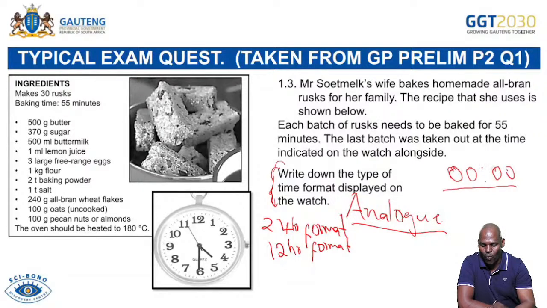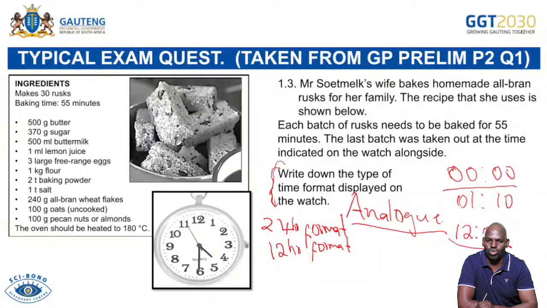Then we're going to have 1 minute past midnight, then past 1, then 10 past 2, 2 o'clock, and so on, up until midday. When you get to midday, it's going to show 12 o'clock, so it means it's midday.